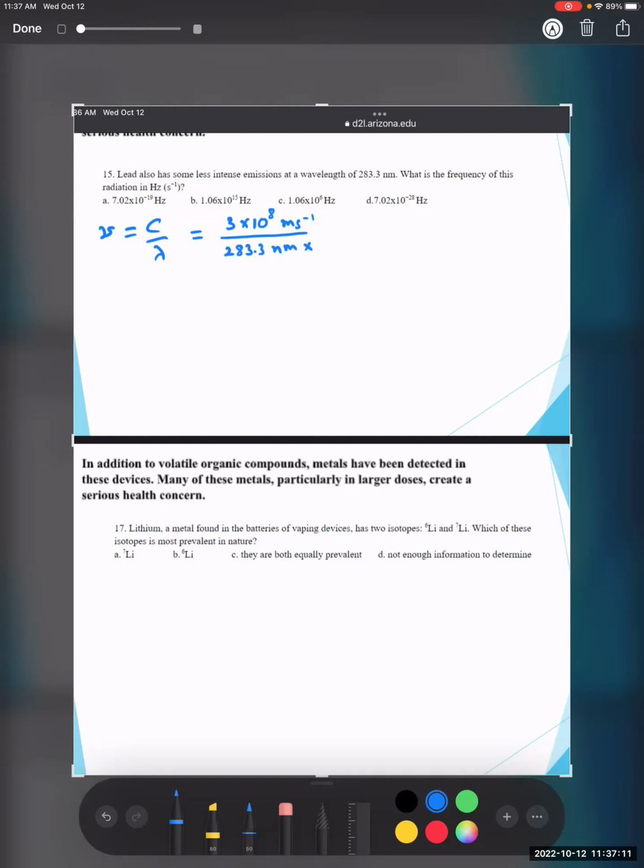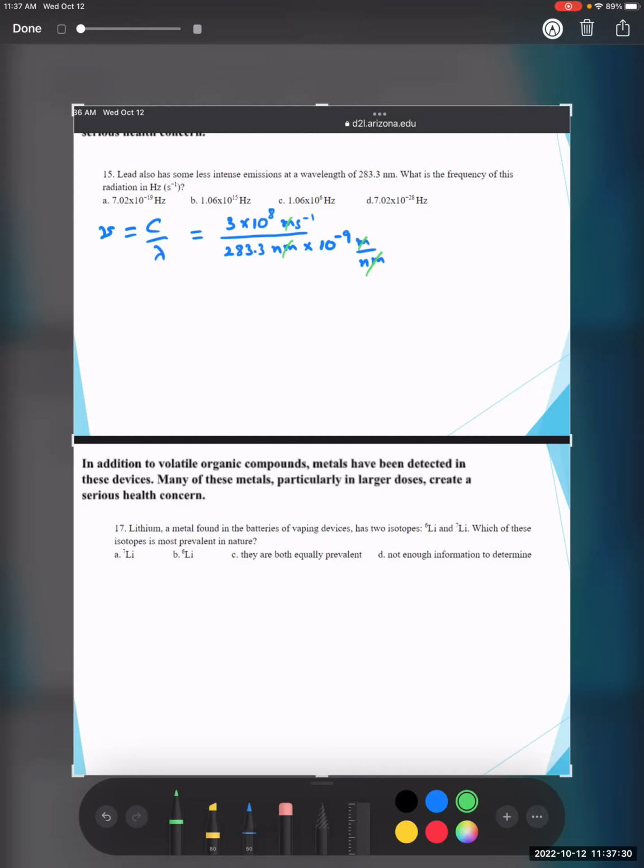To do that, we multiply by 10 to the power of -9, because that's how many meters we have in a nanometer. Nanometers cancel out, meters cancel out, and you're going to get the answer in per seconds or in hertz.